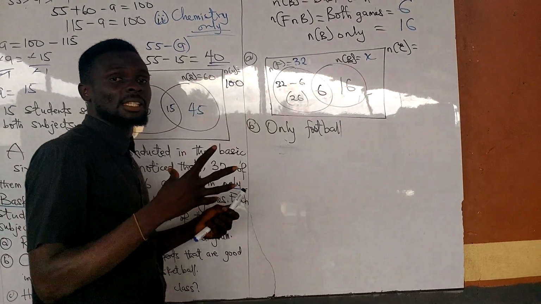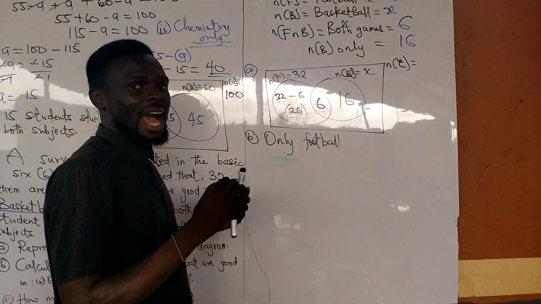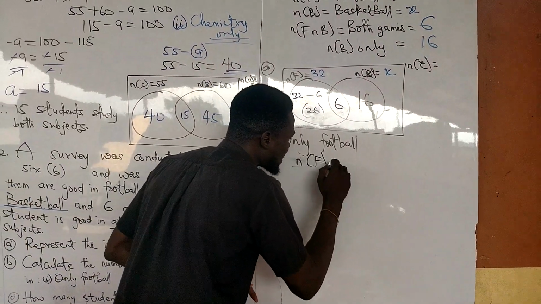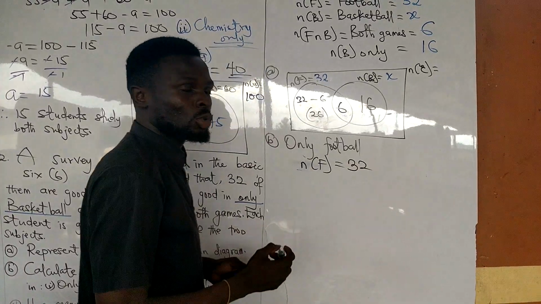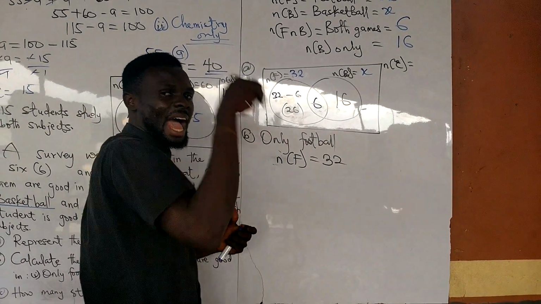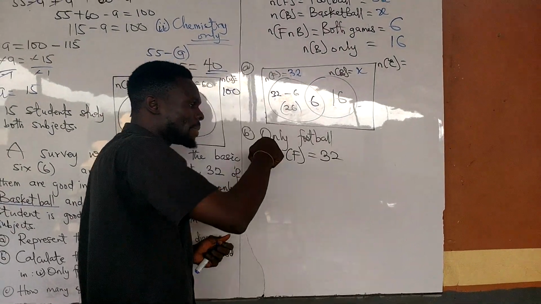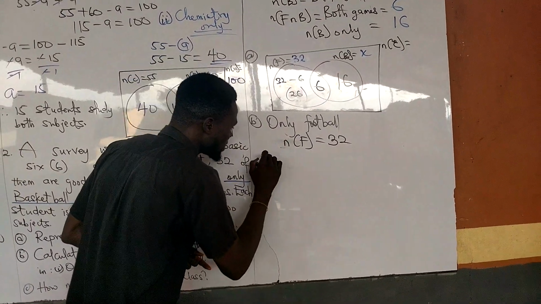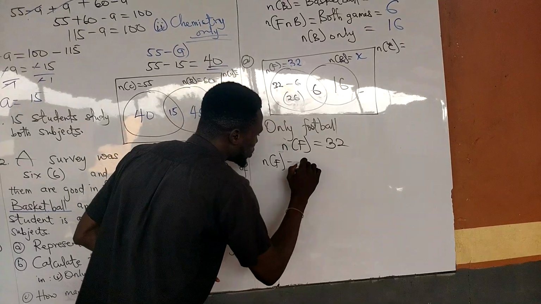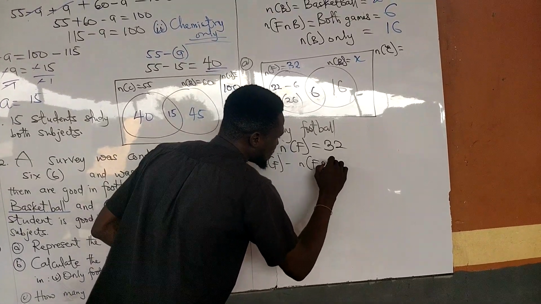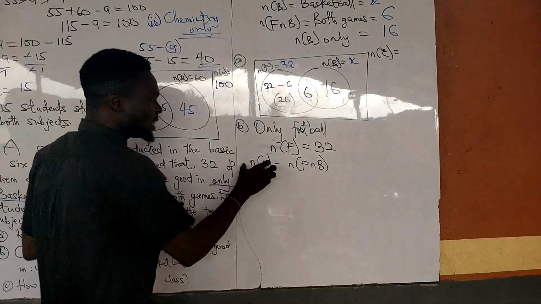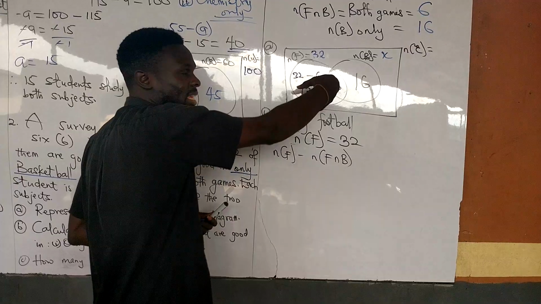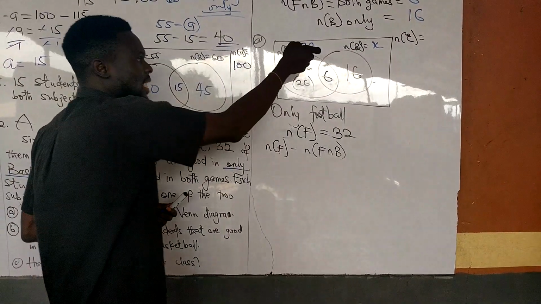How many students played football? They are 32. And that's the number of F as 32. So we are going to subtract the number of F intersection B from this. So we say number of F minus the number of F intersection B. This is everything here, the number of people that did football, that's the whole of this circle.